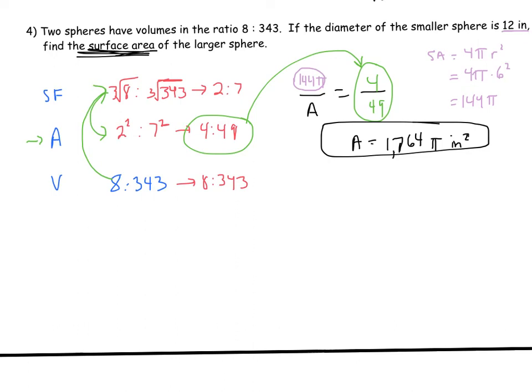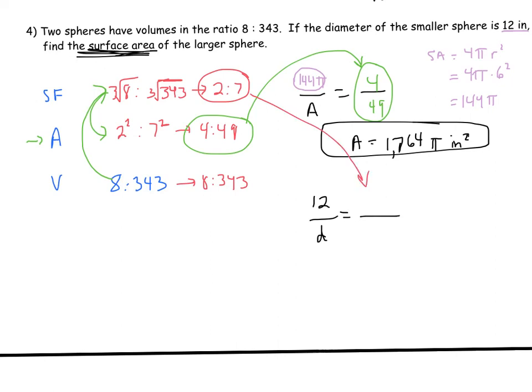Follow my third example, and again, we're going to reverse the proportion and the solving. So in this case, I could have done a ratio of diameters, because I know that the diameter of my smaller sphere is 12. You're looking for the diameter of the larger one, and we could have used the ratio or the scale factor of the side lengths.